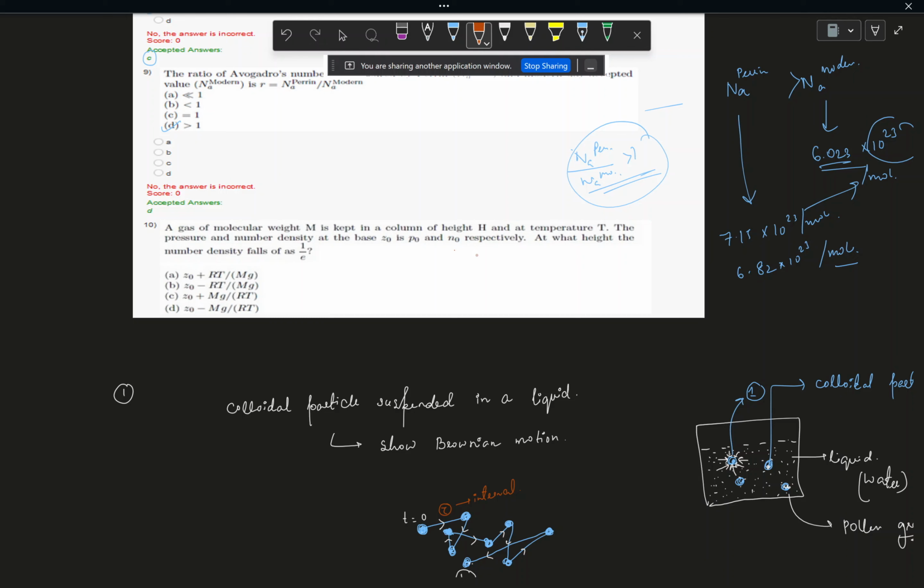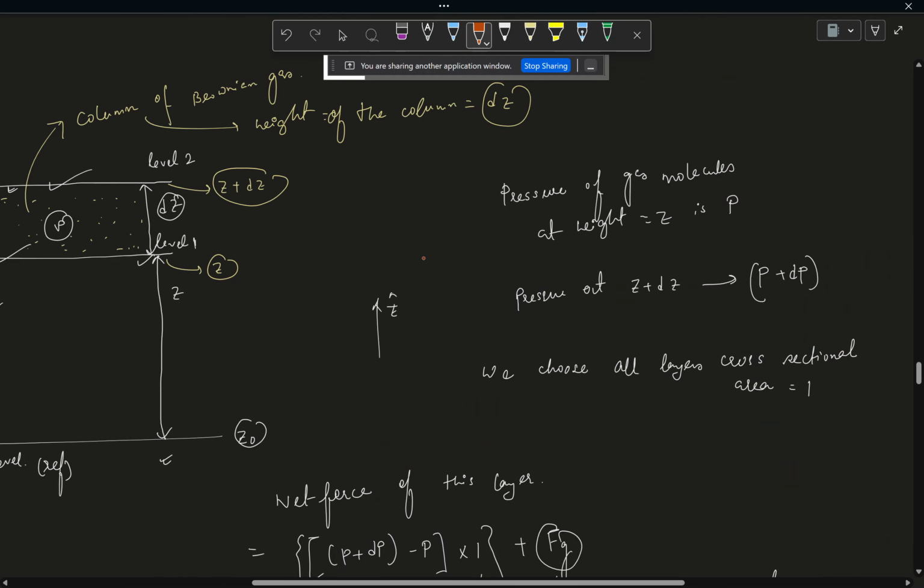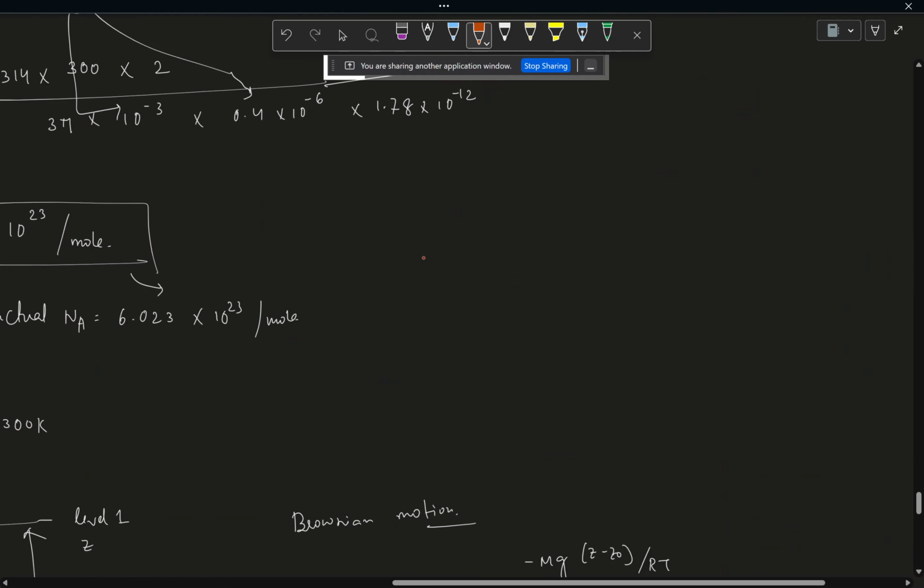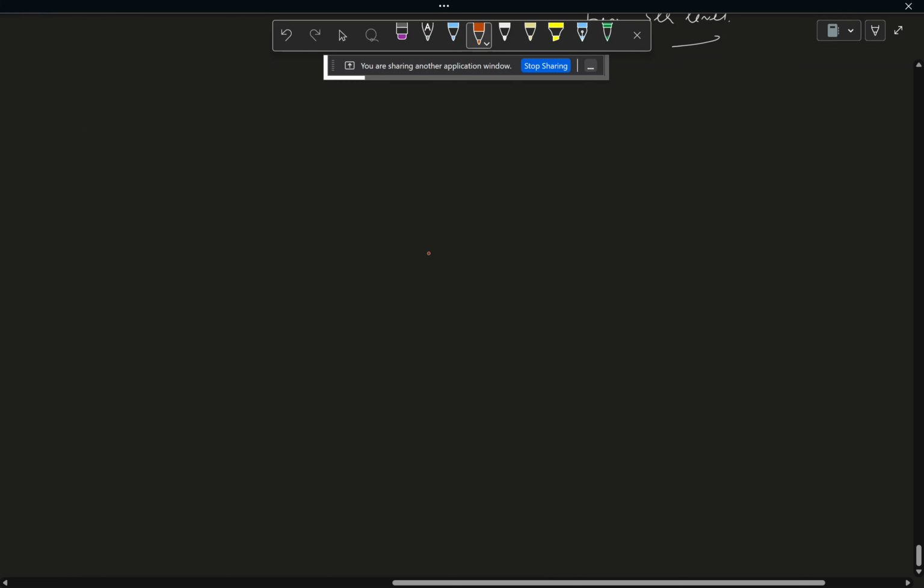So from the question itself you have probably understood that you have to use the formula N equal to N0, this whole thing, or in terms of P, because pressure is also given. You can use whichever is suitable. So let us do that, and we'll be done with the assignment of this week.